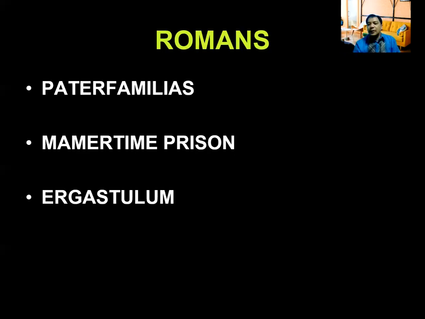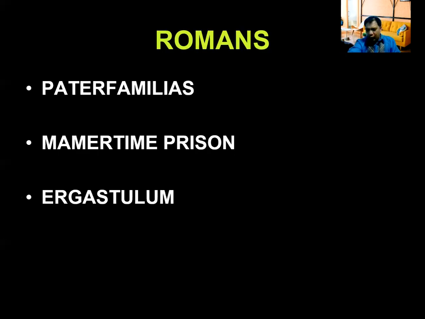So in this ergastulum, a particular slave will be tied in his workbench. So let's say, for example, the area where you were seated, you will be tied there, and you will be staying there for a very long period of time, considering the fact that you will have to work and work and work. So all of your daily activities are there.